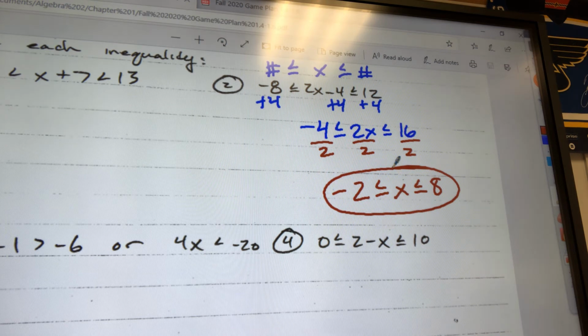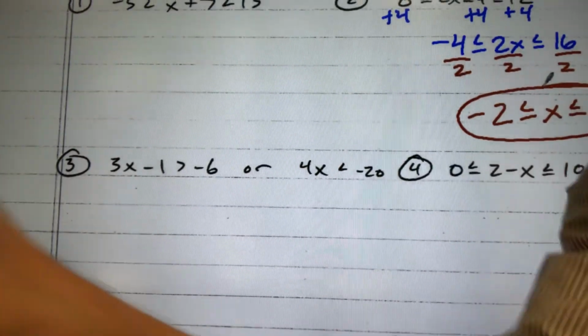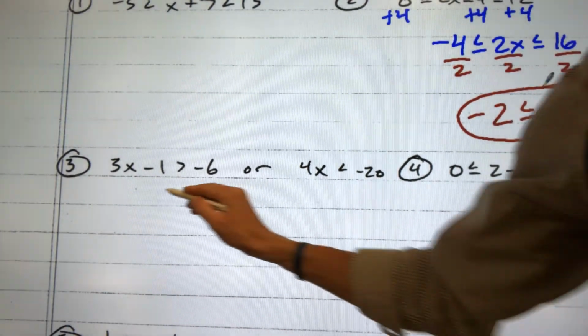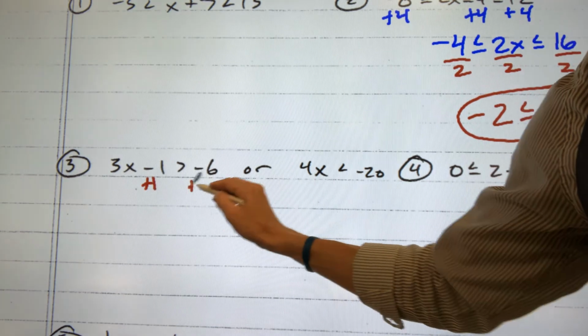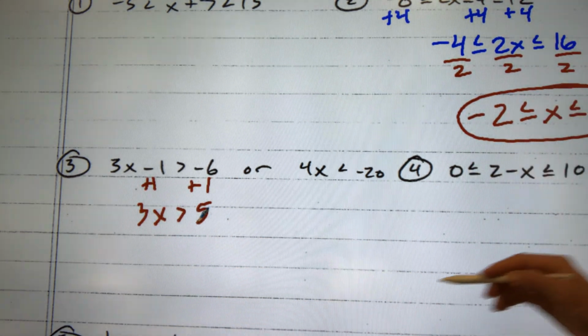On this page, I would like to talk then about 3. 4 is an interesting one. We're doing class. Let's do 3. Take care of this one. Add 1 to both sides. 3x greater than 5.